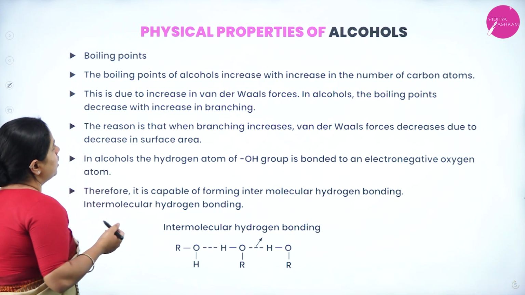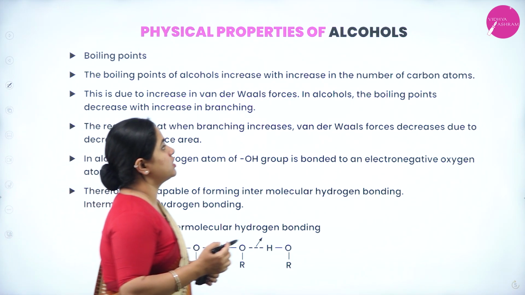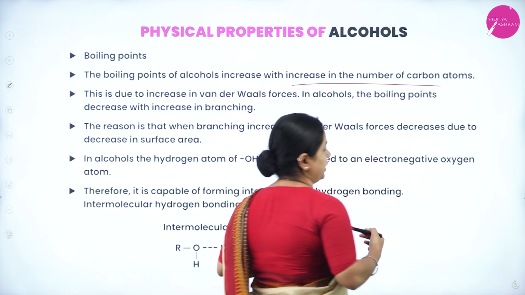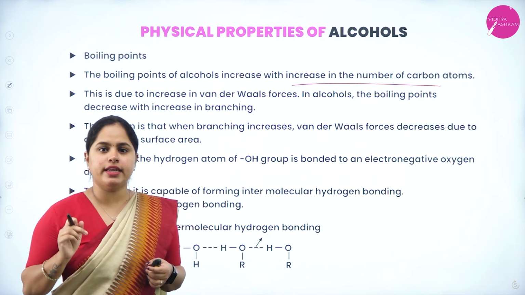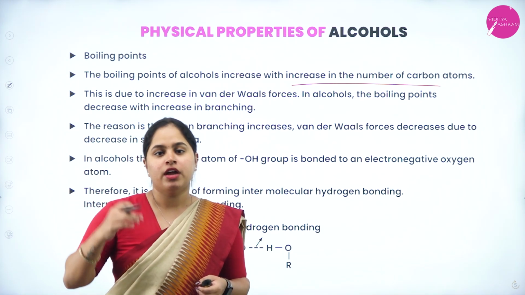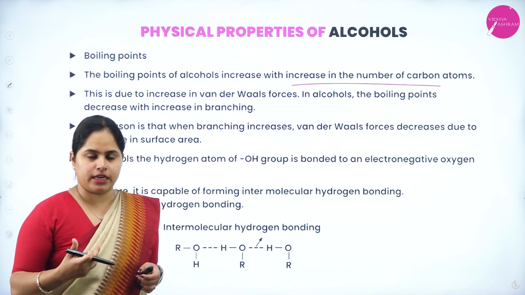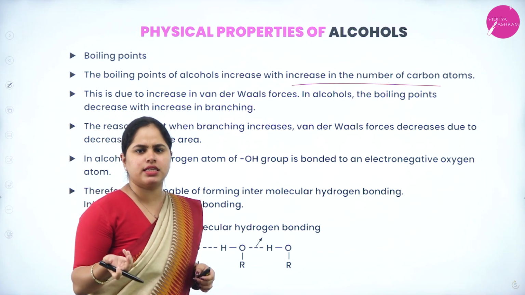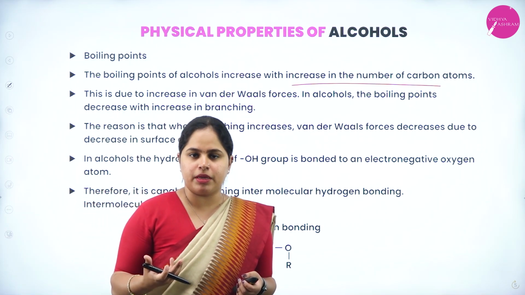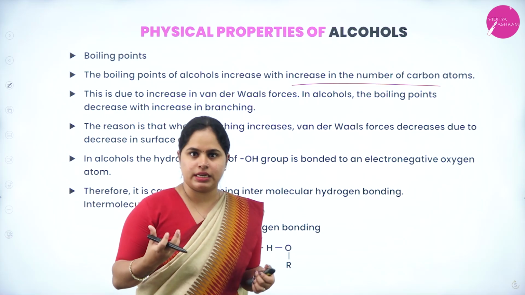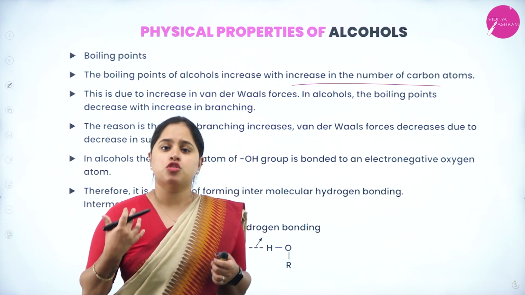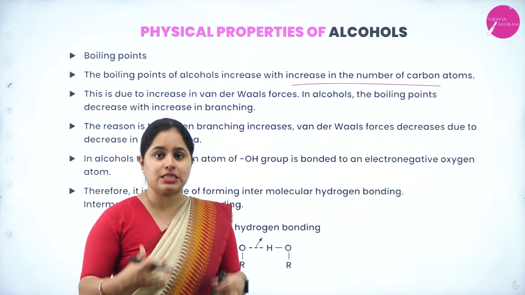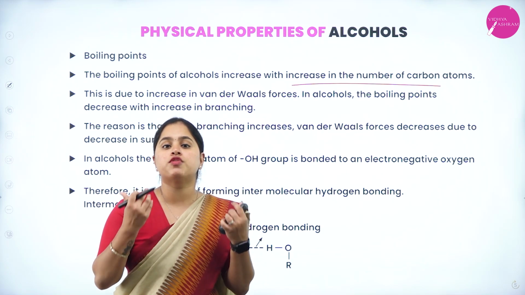The boiling point of alcohols increases with an increase in the number of carbon atoms. The same we have studied in haloalkanes and haloarenes as well. When the number of carbon atoms increases, the boiling point increases. Why is that? Because when the number of carbon atoms increases, of course the molecular mass increases, so the boiling point also increases, as well as the van der Waals force of attraction.